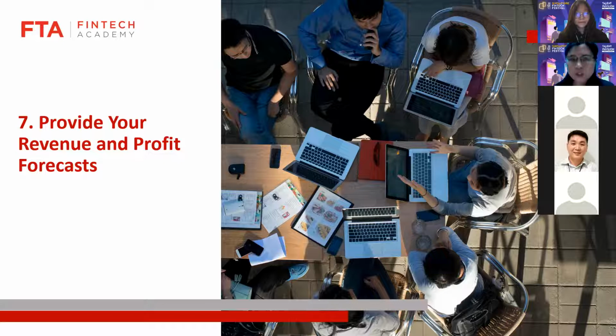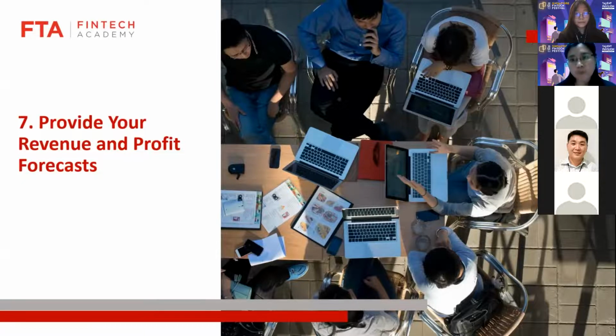But what I'm trying to say is that for every element that goes into your deck, try to keep it to one slide where possible. So don't have numbers running for 3 slides or 4 slides, because the investors just don't have time to look through that. They just want numbers straight up and information straight up. Okay? All right.